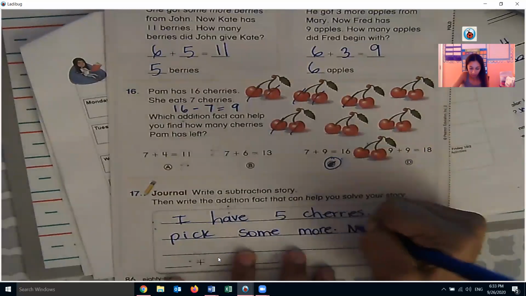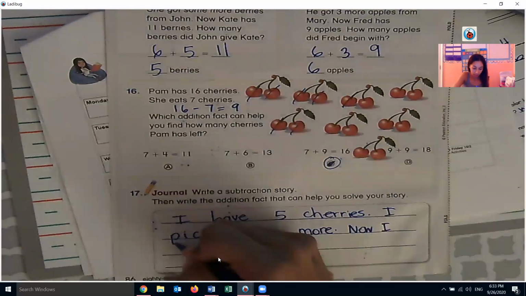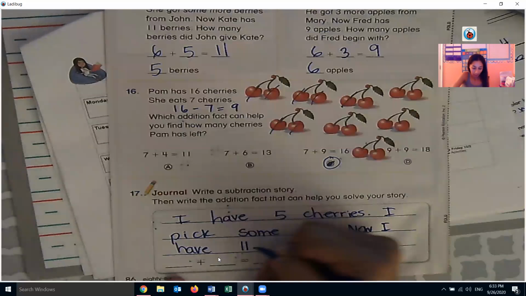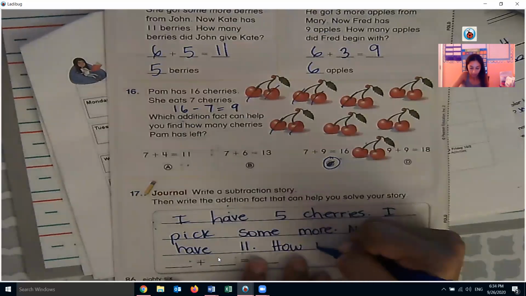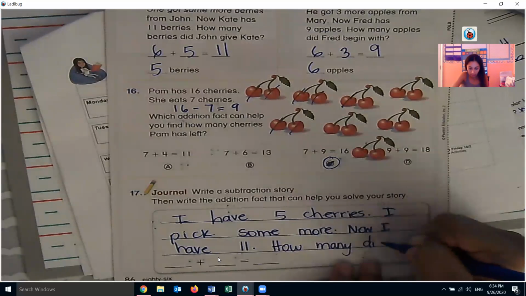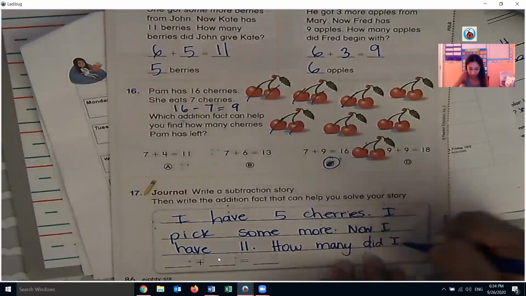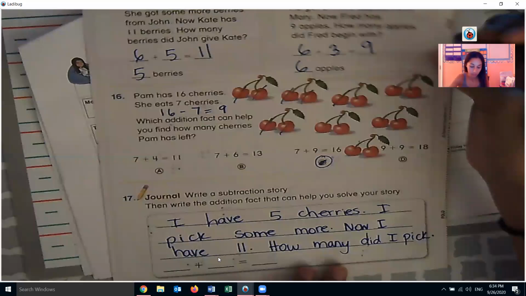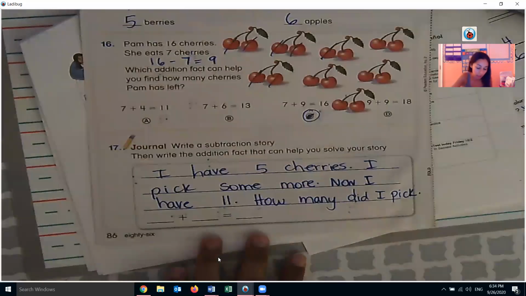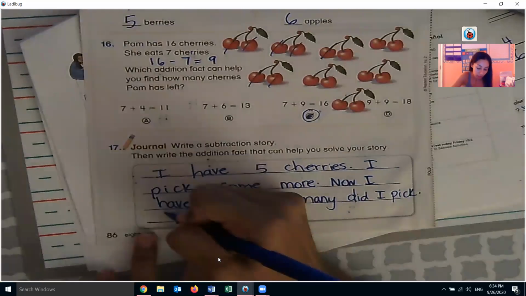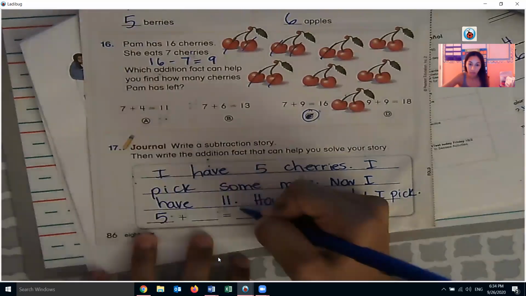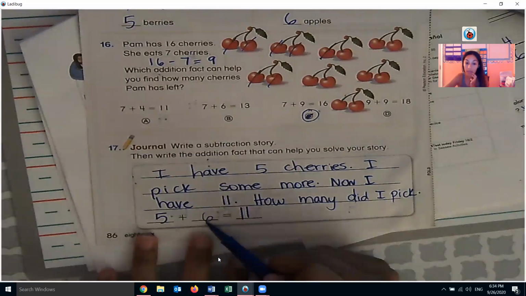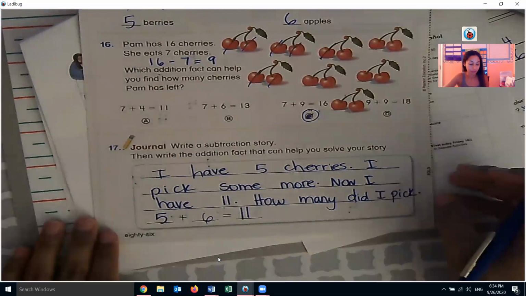Now I have, I'll say 11. How many did I pick? So I already had 5 cherries. I picked some more. So in order to find out how many to get me to 11, it's 5 plus something is 11. So that missing digit will be 5 plus 6 is what I picked, gives me 11.